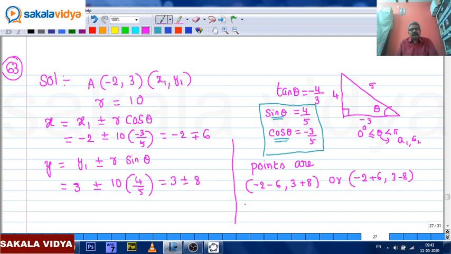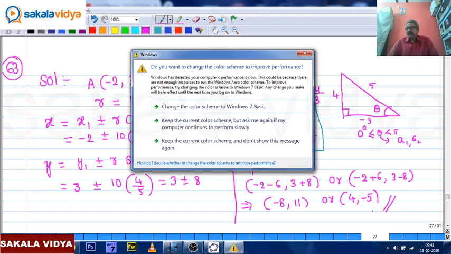That implies minus 8 comma 11 or 4 comma minus 5. Now tell me which is the right option: minus 8 comma 11 or 4 comma minus 5. Understood now?